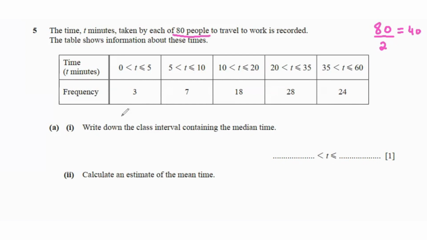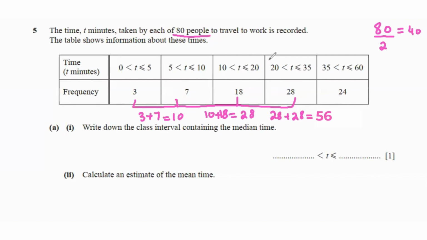So now 40, how do we figure out where 40 will come? We start adding the frequencies. 3 plus 7 is 10. 10 plus 18 is 28. 28 plus 28 is 46.